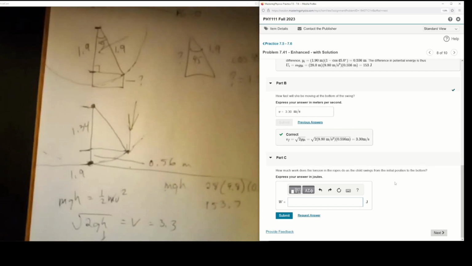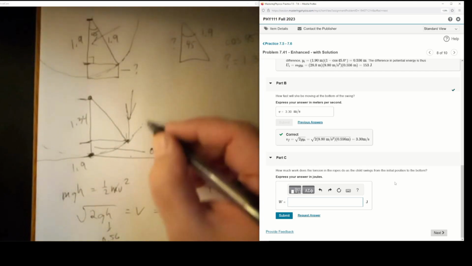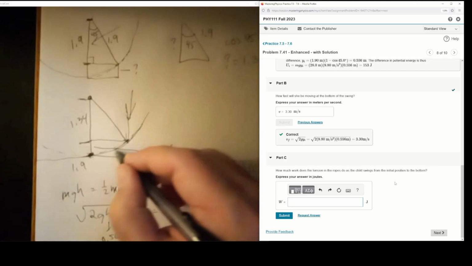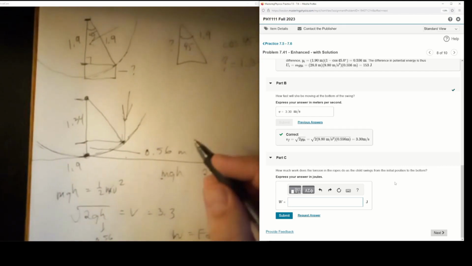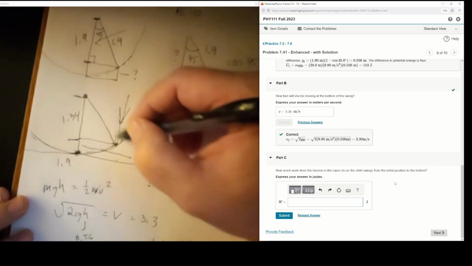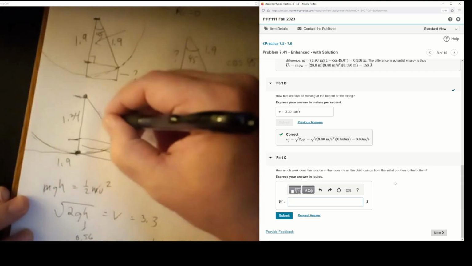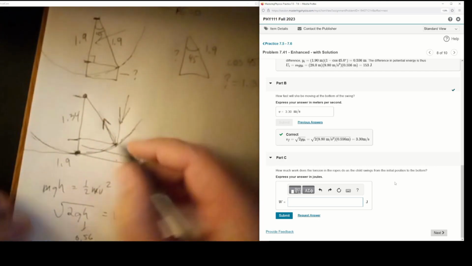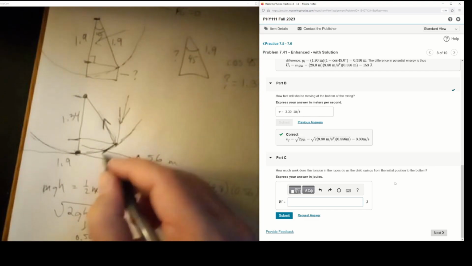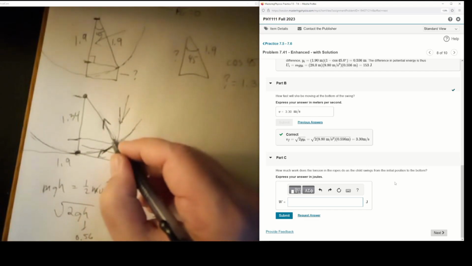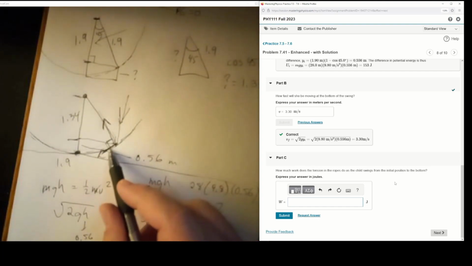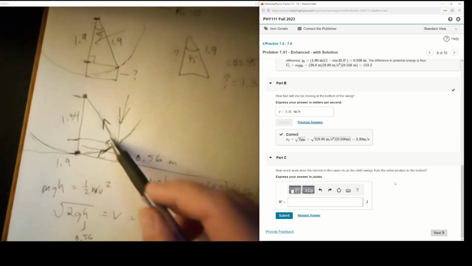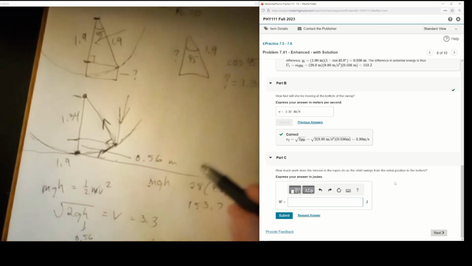So going back to my picture, the child is moving in this circular pattern here. That's the trajectory of the child. They're moving in a circle. The tension is along the rope. So the tension is going up like this. But her pathway is always going like this. It's always 90 degrees. So the path the child takes is always 90 degrees with the tension force.